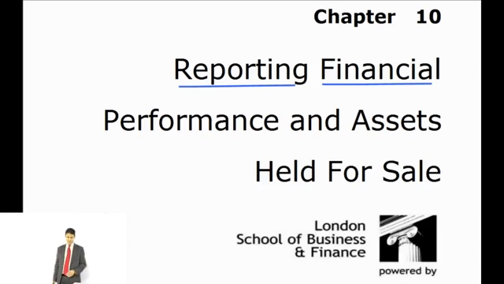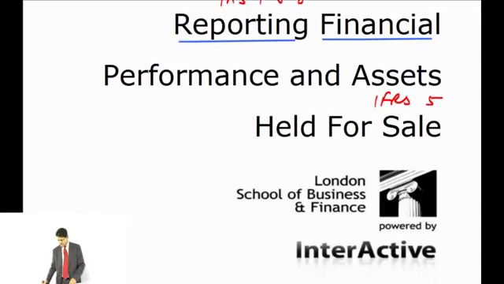And then I'll do part 2 beyond that, when we will consider other areas like assets held for sale. Assets held for sale is what we call IFRS 5. Reporting financial performance is IAS 1 and 8, the sort of areas that also govern things like the format for published accounts, as well as things like substance over form, etc.